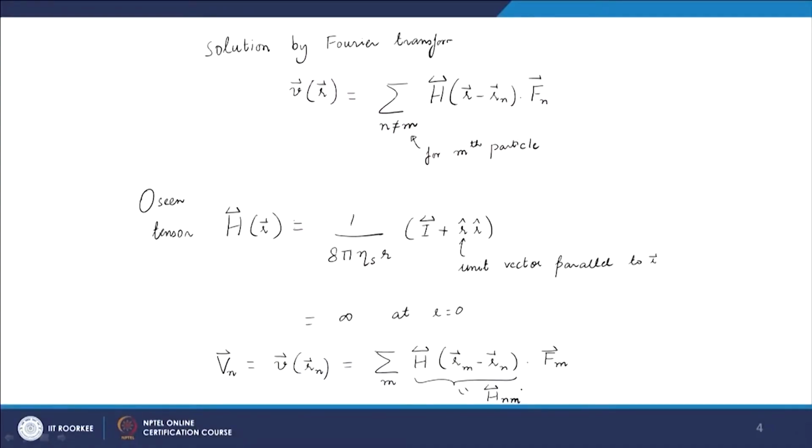And using these two ideas, I have established that the mobility matrix is essentially given by the Oseen tensor. Okay.